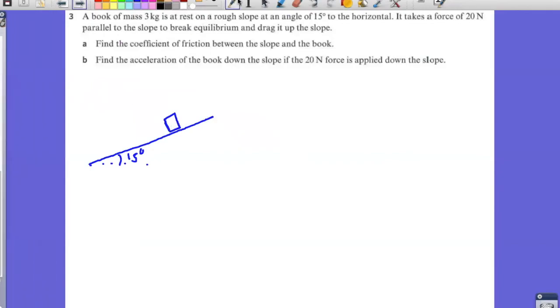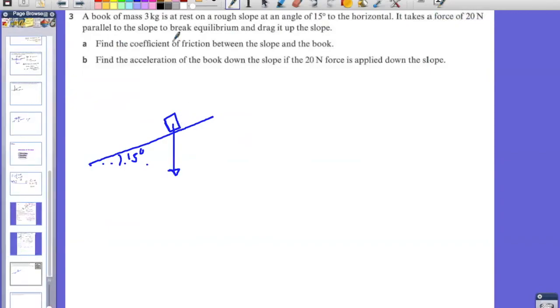When the block is at rest, the frictional force is exactly equal to mg sine theta. But now it takes a force of 20 newtons to break the equilibrium and jack it up the slope. So you have 20 newtons here.